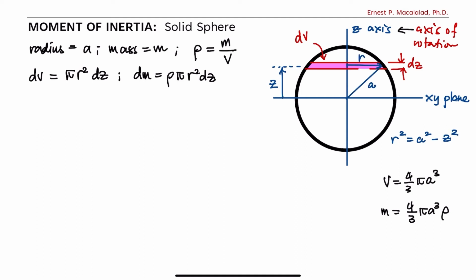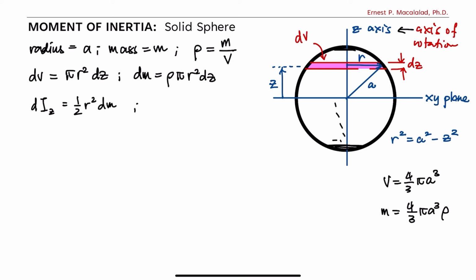Now we can consider this solid sphere to be a composite of infinitely many circular disks running from this disk up to this part. So for each infinitesimal disk, the moment of inertia would be equal to 1/2 r squared times dm.